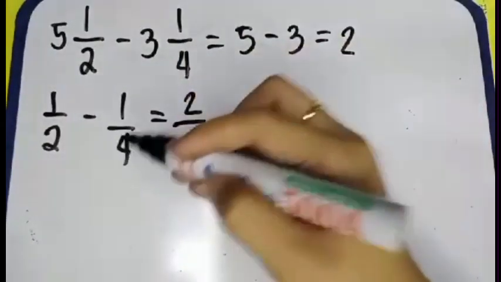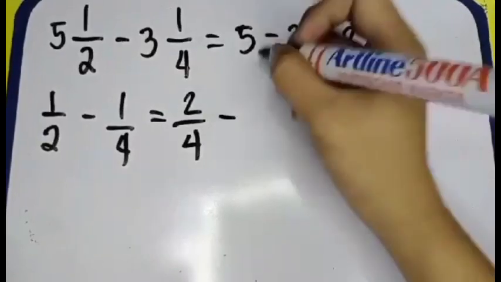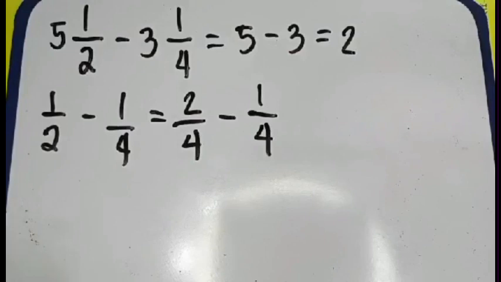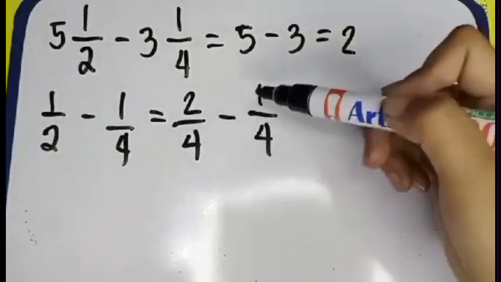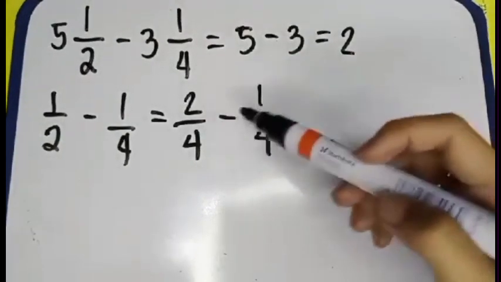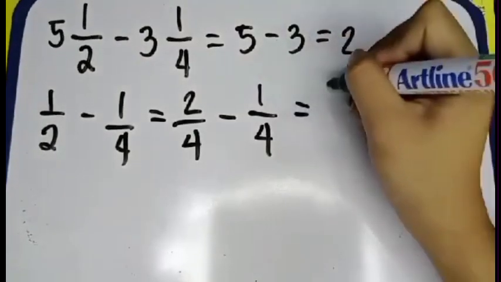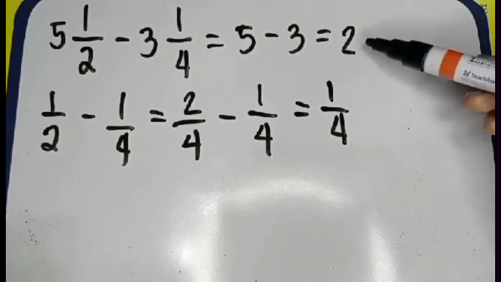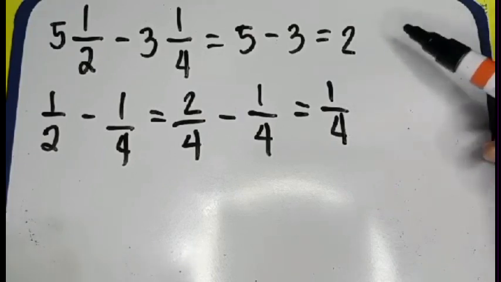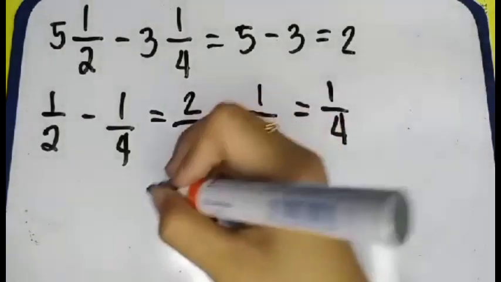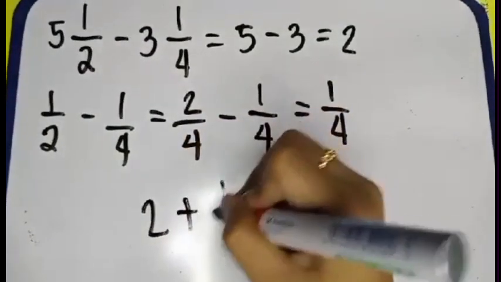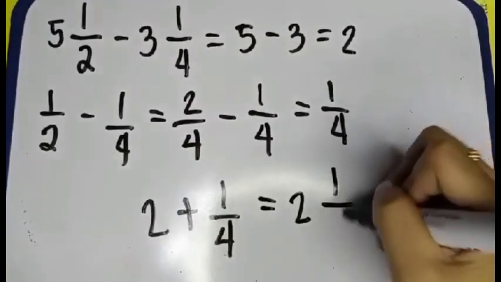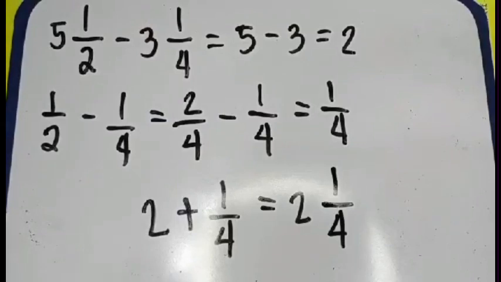And 1/4 we multiplied by 1, and that will be 1/4 also. We now have the same denominator, 2/4 minus 1/4. 2/4 minus 1/4 is equal to 1/4. Then after that, we're going to add our whole number, which is 2 plus 1/4, and that will be 2 and 1/4. And that's our final answer.